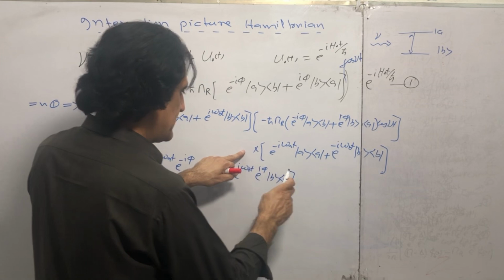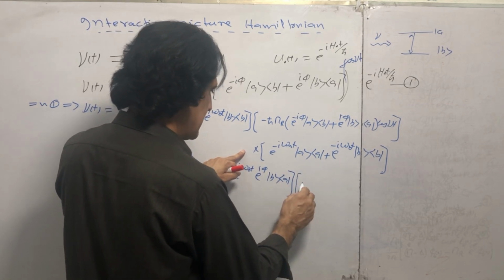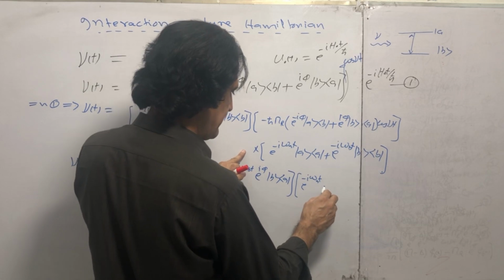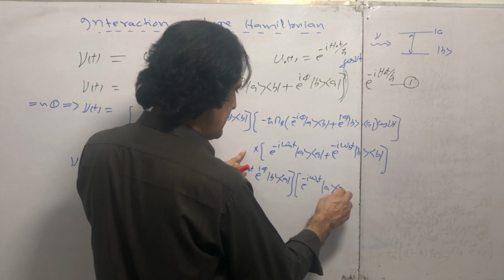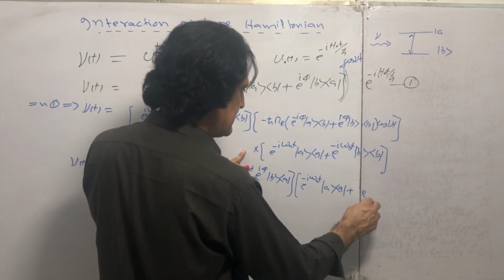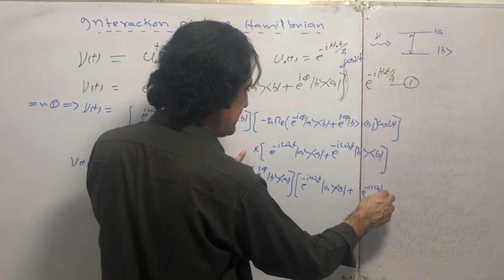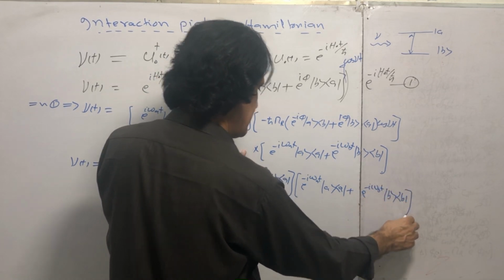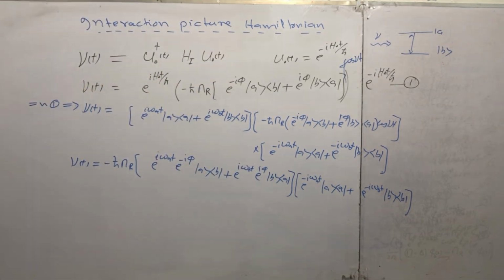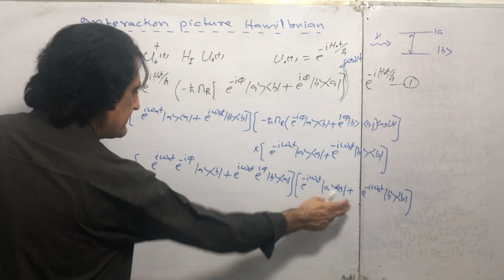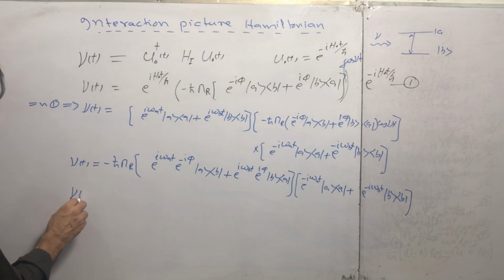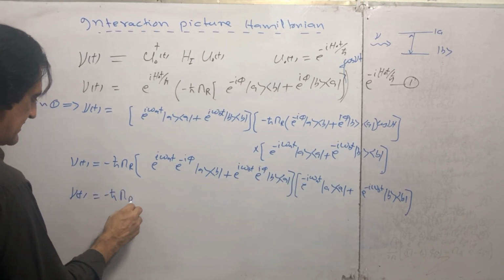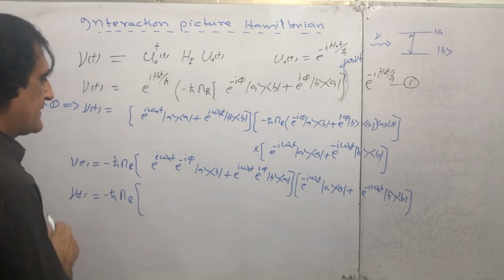and this term remains in multiplication, e to the power minus iota omega at aa plus e to the power minus iota omega bt and bb. Further, multiplication of this term with this term, minus h cut omega r.